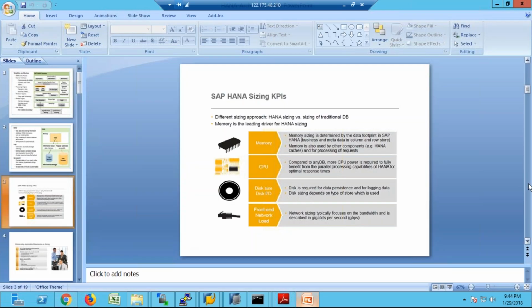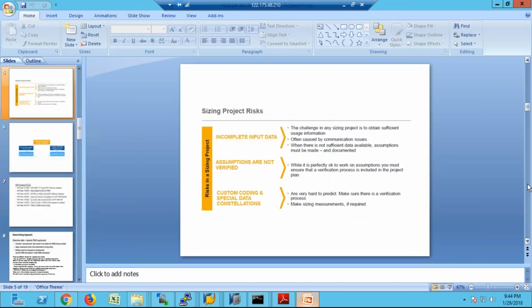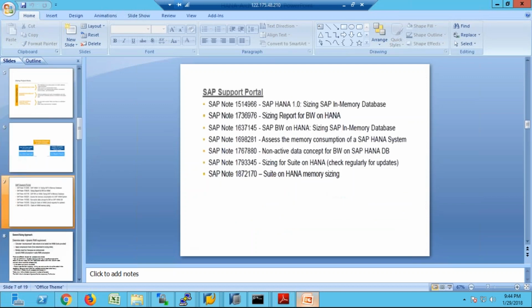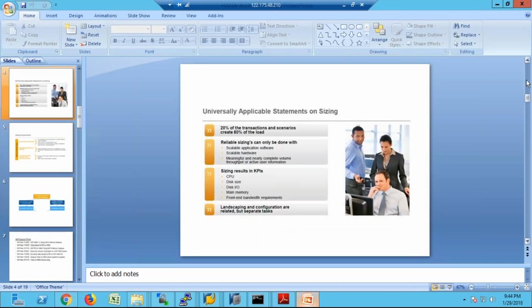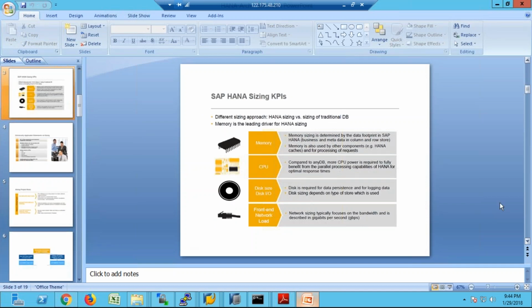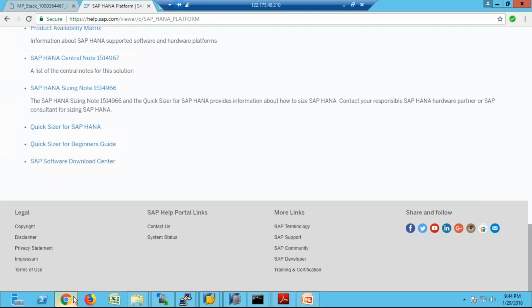If you go to this presentation, you can find it clearly, which I mentioned, which one you need to refer to, and that will have the updated versions, the latest version and the latest applications information also available to you. So always refer to this as the central note as far as HANA sizing is concerned.